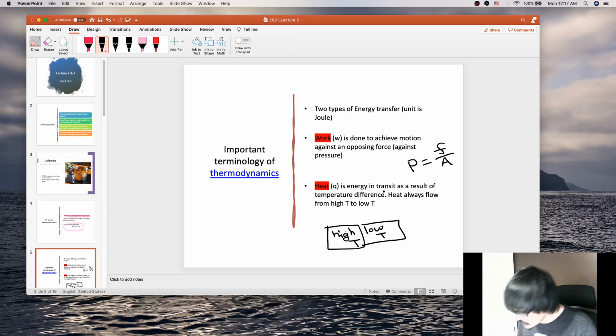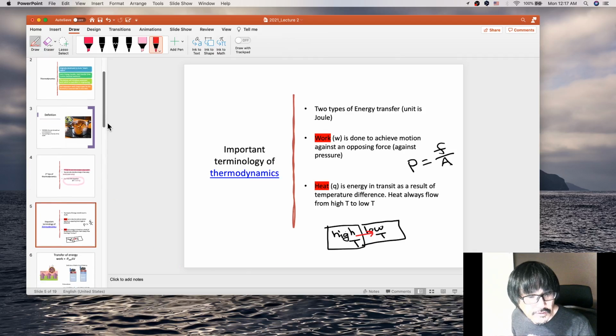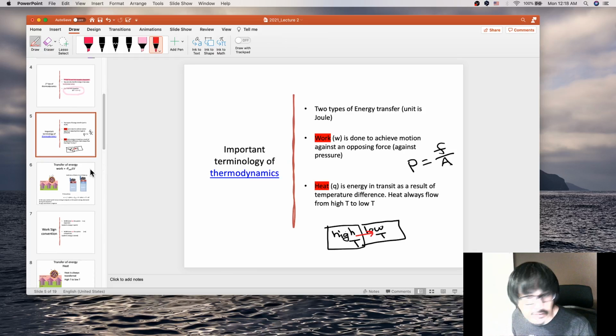If two objects are in contact, heat is always traveling from the high temperature to low temperature. Heat never travels from low temperature to high temperature. I'm going to talk about why that's the case in the next few slides.